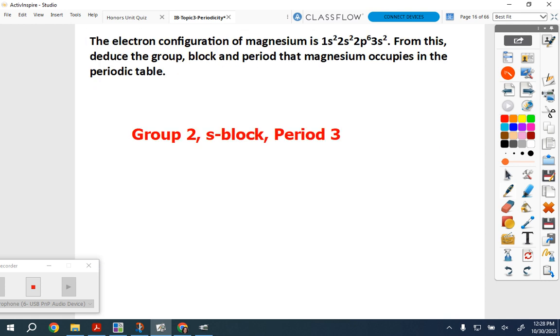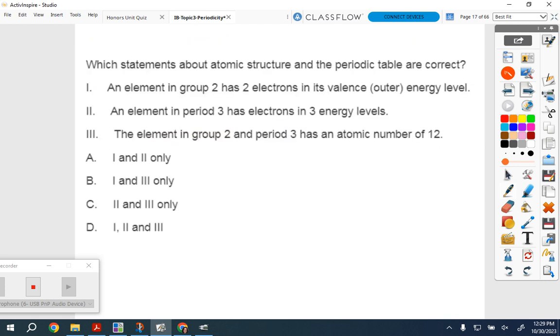Okay, we've actually done this, looking at electron configurations and then finding where it is on the periodic table. Here's another question that you might get, another paper 1 type question. It says, which statements about atomic structure in the periodic table are correct? Statement 1, an element in group 2 has 2 electrons in its valence energy level. Is that a true statement?